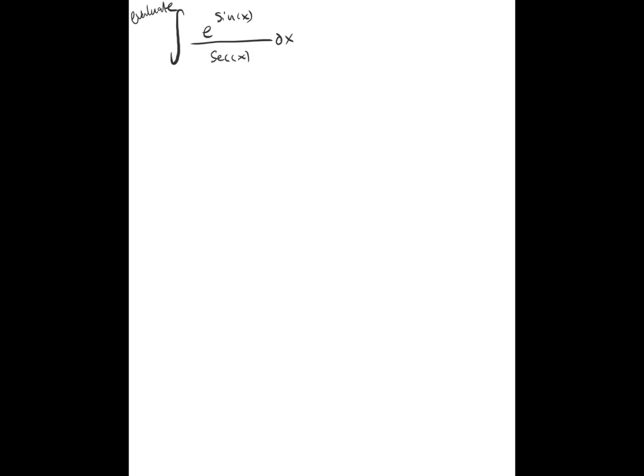I think putting things in terms of sines and cosines generally makes more sense. So I'm going to rewrite this as e to the sine of x dx over 1 over cosine of x, because 1 over cosine of x is secant, right? So again, we can flip and multiply, which simplifies to e to the sine of x times cosine of x dx.